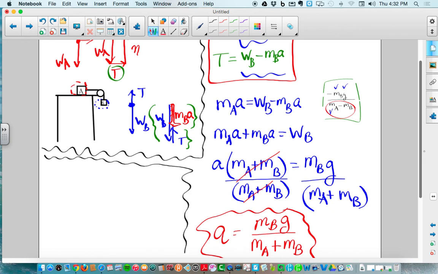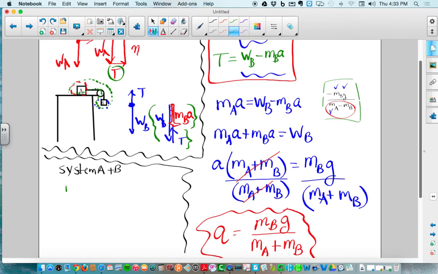is to make system A and system B together, combine them, okay? So literally saying, oh, all of this is my system now, okay? And that's kind of interesting because now we have a total mass, right?